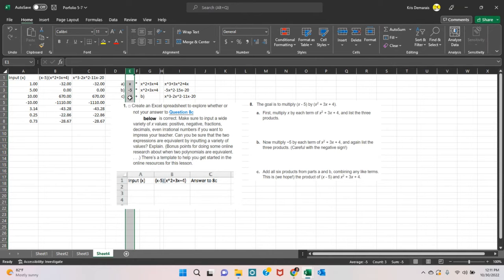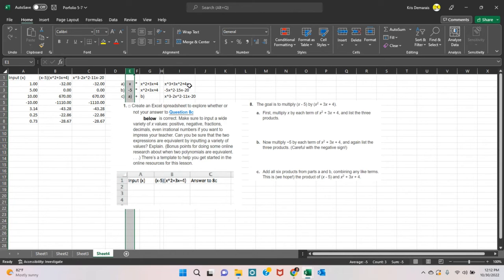So now the last one, C, says add A and B together. Adding A to B, you get x to the third power, minus 2x squared, because it's going to be the value of 3x squared minus 5x squared, and that gives you -2x squared.